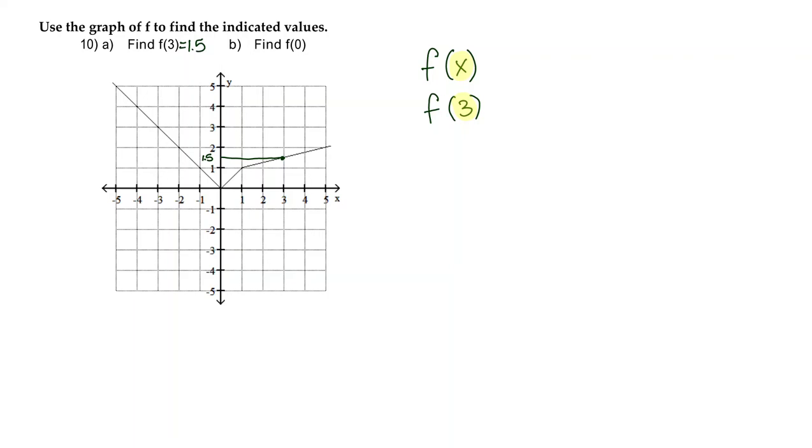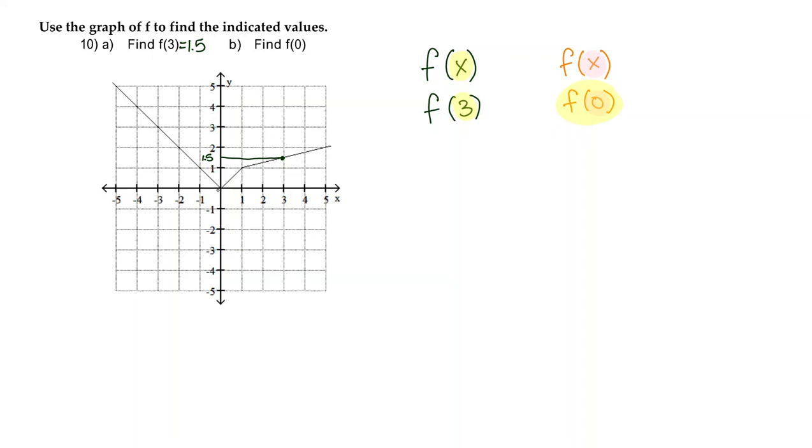Now to find f of 0, when we relate it again back to our regular function notation, f of x, our 0 is our x value, and our f of 0 is our y value. So let's go onto the graph and see where the x-axis equals 0, which is right here.